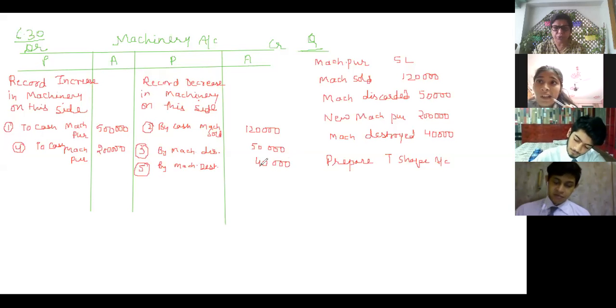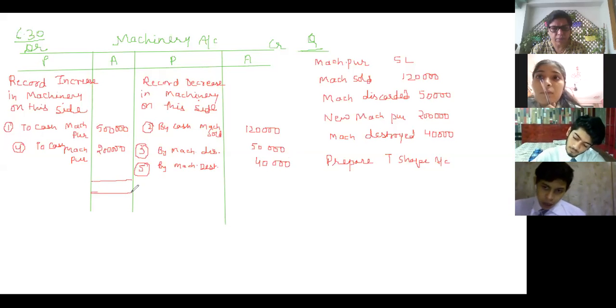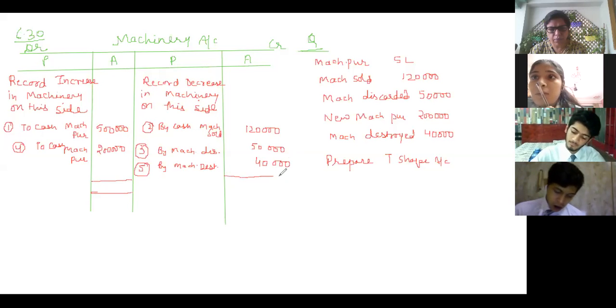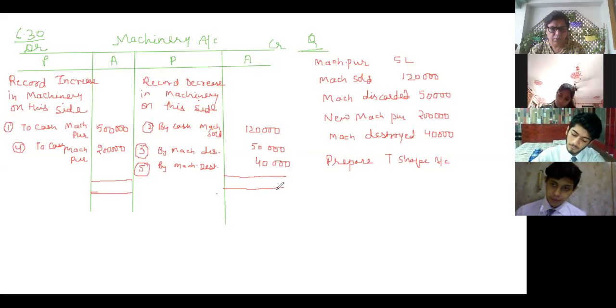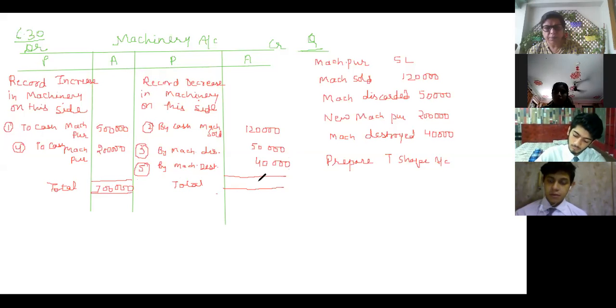Now what to do? Just total. The total of this side is 7 lakh, and the total of this side is 2,10,000.